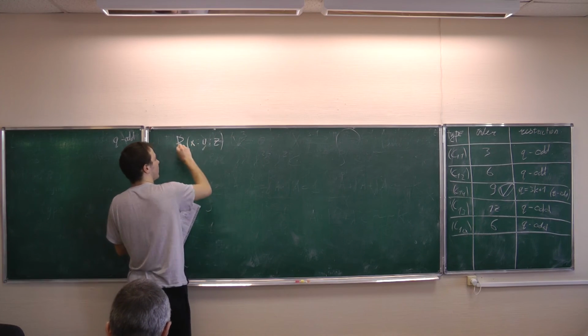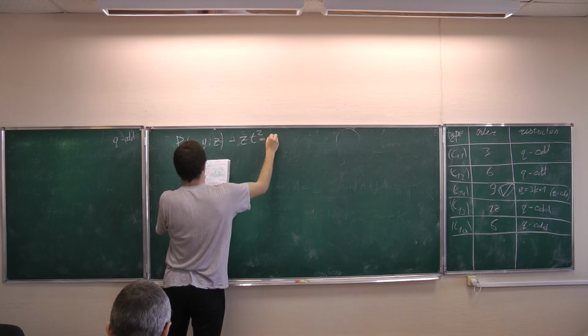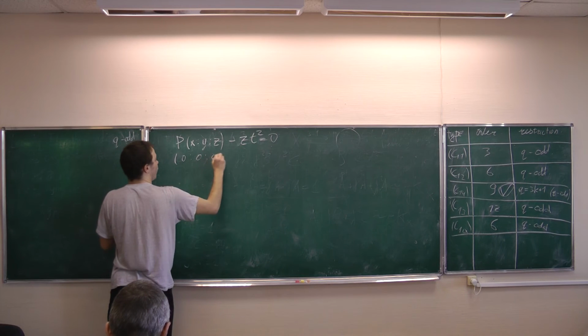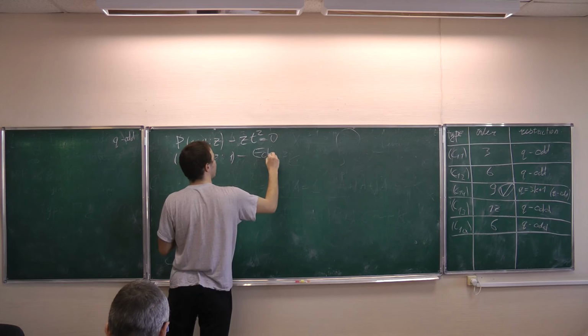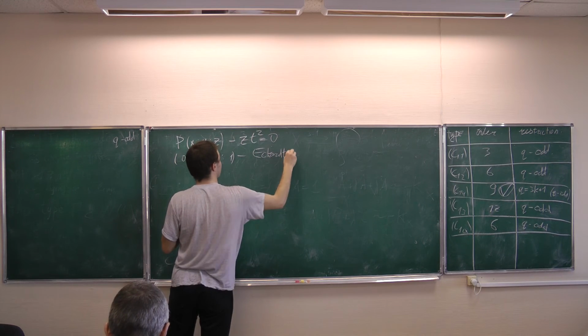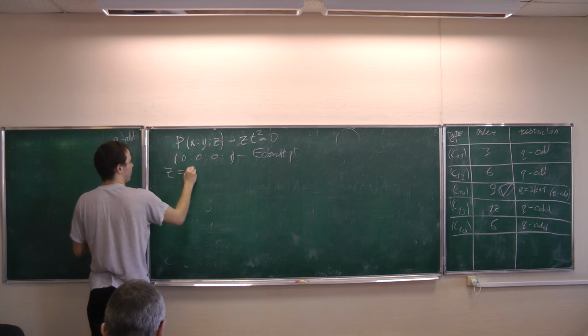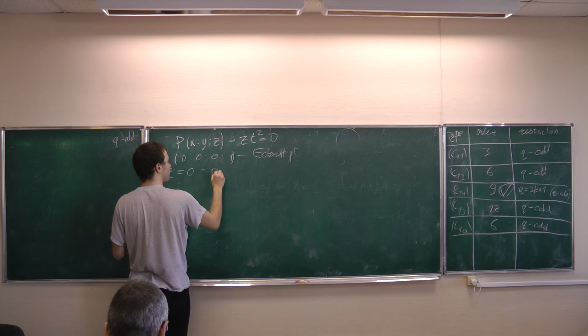The equation will be the following. Then the point 0001 is an Eckardt point. The plane Z equals 0 contains 3 lines.